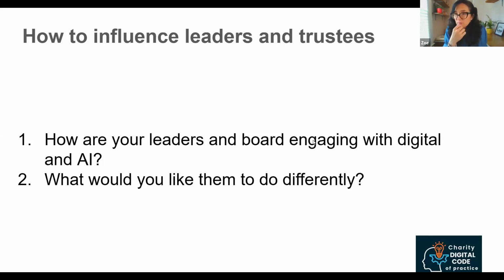And just winding things up with Stuart's comment, before we have a look at some ways in which leaders and trustees can use the code. I think this is really indicative of where a lot of organisations, particularly small charities, are at. That interest in doing a bit more, but that worry about, well, where do we invest our efforts? Where do we focus our budget as well, but also worried about some of these risks that come with, for example, data security and that kind of thing.